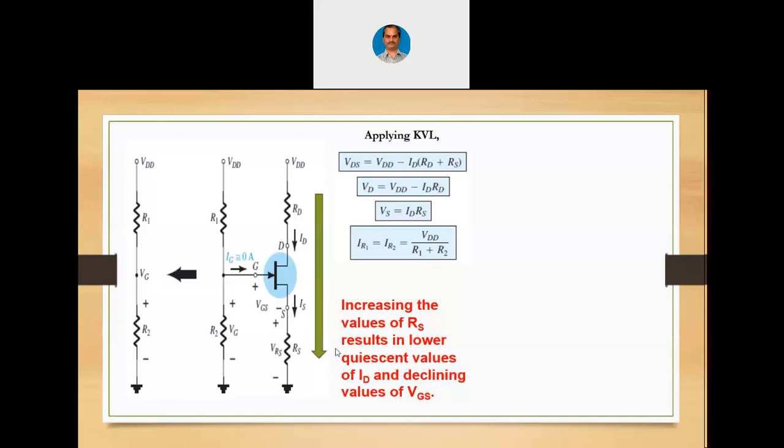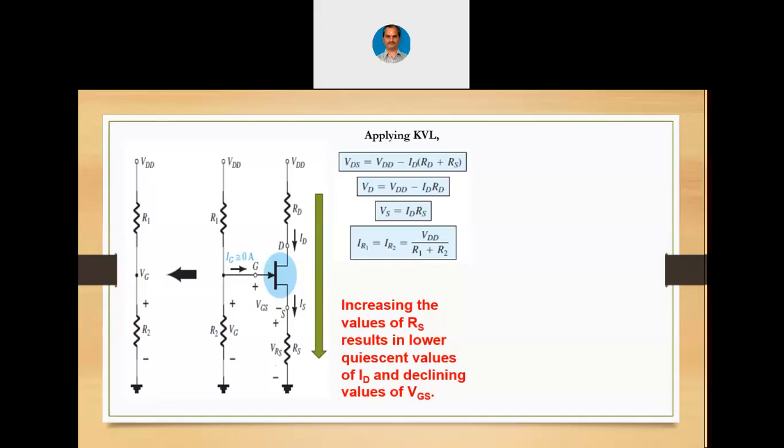Actually, this point was there even with BJT. If you remember, in the self-bias and voltage divider bias circuits of BJT, there also we used lesser values of RE. For example, RE used to be 1 kilo ohm, RC used to be 2.2 kilo ohms. Because if the emitter resistance increases, there will be more voltage drop across the emitter, and that will reverse bias the base to emitter junction in case of BJT.